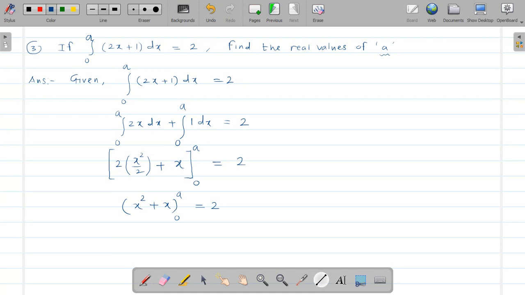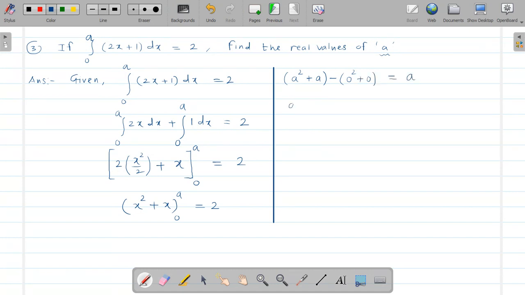So see the steps carefully here. Just to solve the LHS, means solve the integration. Now as per our procedure, first of all we have to put a in place of x, so that will be a square plus a, then minus, in place of x we put 0, so 0 square plus 0, and it will be a.